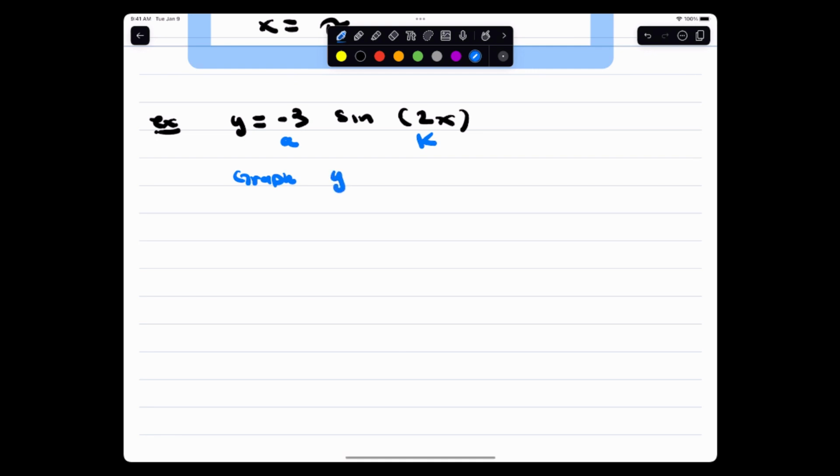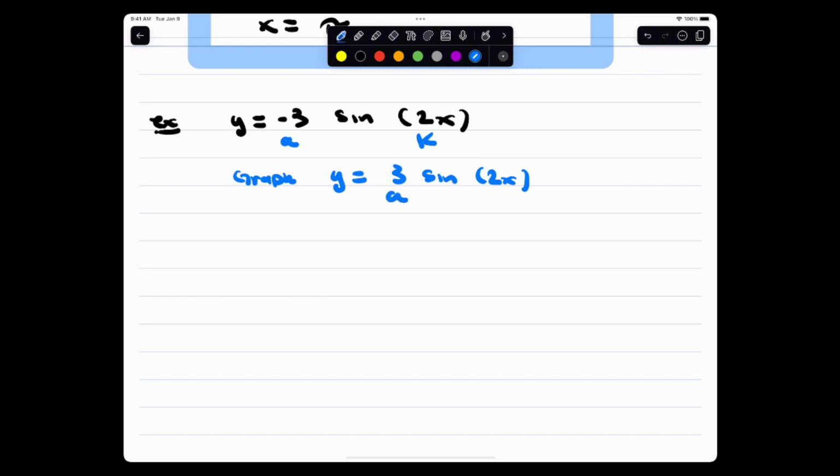Graph what? Y equals 3 sine 2x. You graph the positive, it's going to have the same amplitude and all the other information, period, and so on.